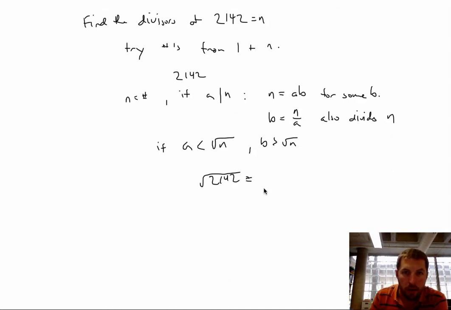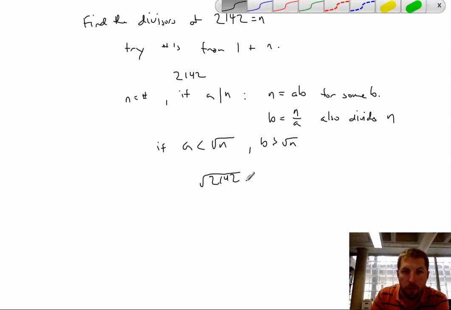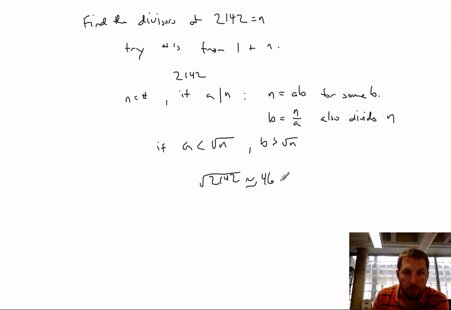So if I bust out my trusty calculator and try this, I know that the square root of 2142 is approximately 46. All right. So all we have to do is try the numbers up to 46. A lot less than trying 2,142 numbers.